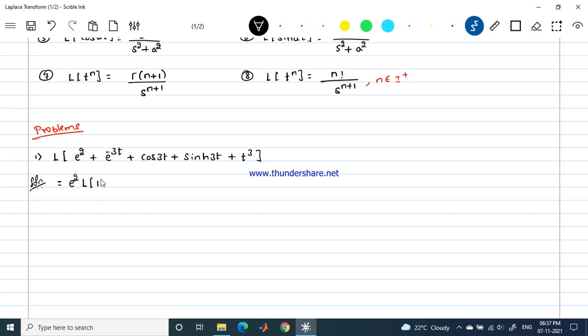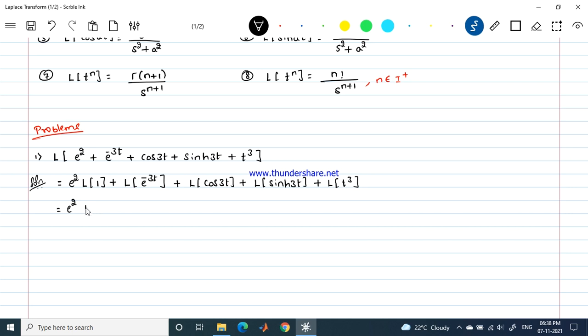So it is e square into Laplace of 1 plus Laplace of e power minus 3t plus Laplace of cos 3t plus Laplace of sine hyperbolic 3t plus Laplace of t power 3.